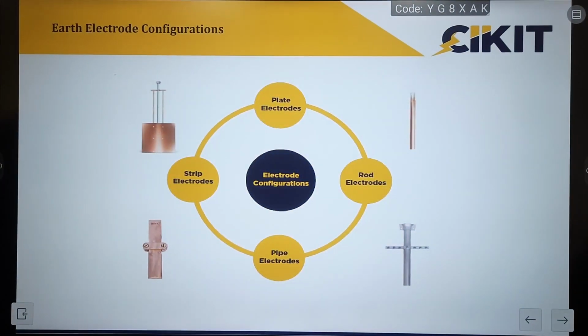The standard has explained four different configurations. The first is plate earthing, the second is pipe earthing, the third is rod earthing, and the fourth is strip earthing. Many people are commonly aware of the other three earth electrode configurations, but the fourth is using the earth electrode in the form of strips. In this case, the strip is laid at a depth of around 500 mm below ground level and connected to the equipment.